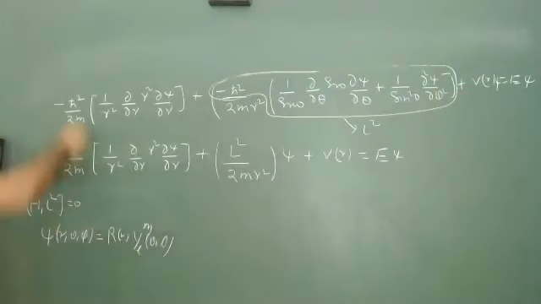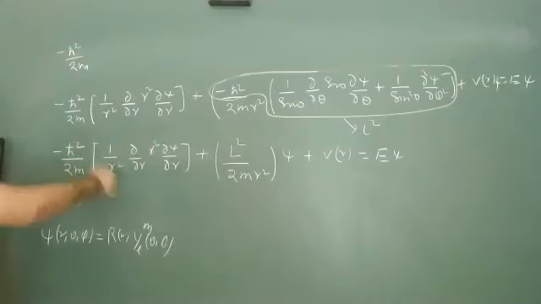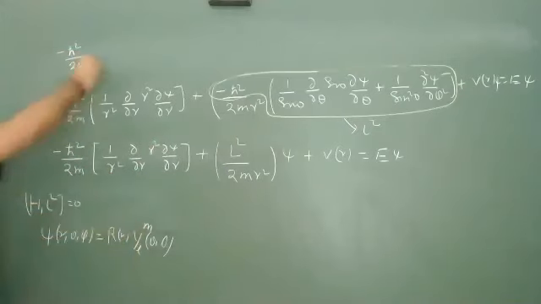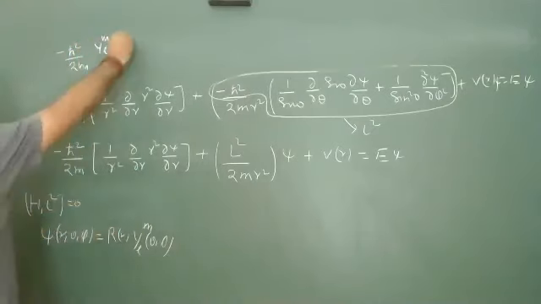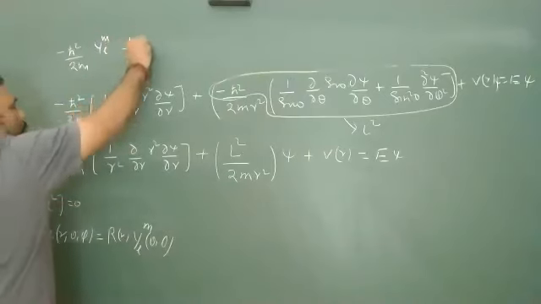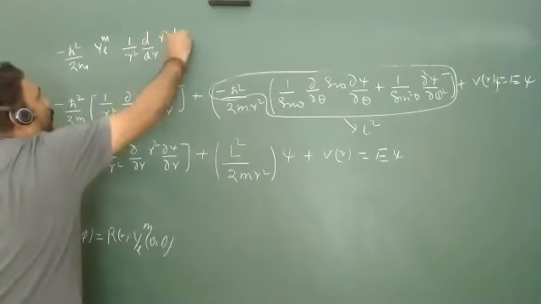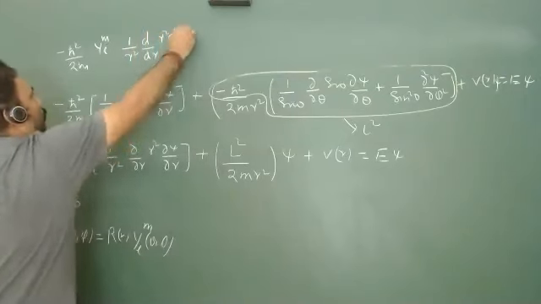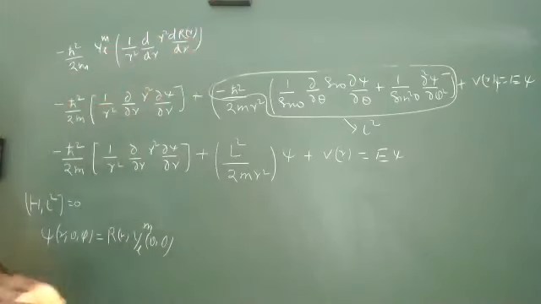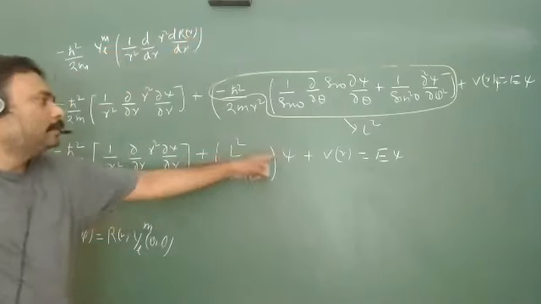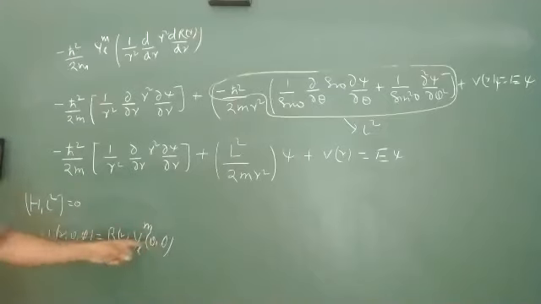So what will happen? This will be minus h cut square upon 2m. This is a partial derivative with respect to r, so Y_lm will be treated as a constant. And this whole thing is 1 upon r square d upon dr, r square dR upon dr, and this is only the radial part. Now in this equation, L square will operate on psi(r, theta, phi), but it will operate on Y_lm. What will it give?